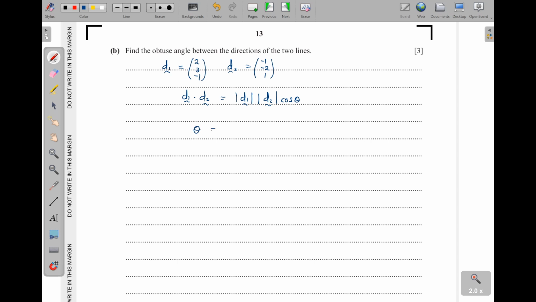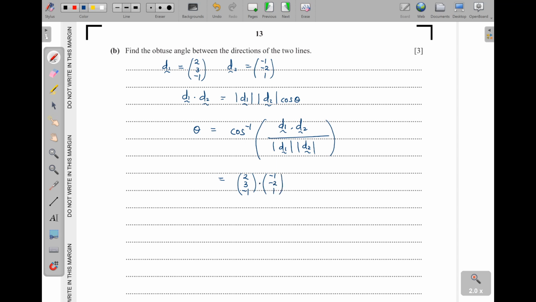So if I make theta the subject of the formula, I would first take away this one to this side, so I will divide all through. Okay, so I will have, by the way, I take the arc cos, so it will be the arc cos of D1, then dot it with D2, then divide by the magnitude of D1 and D2. Now we dot these ones, so we shall have 2, 3, -1, dot it with -1, -2, 1.